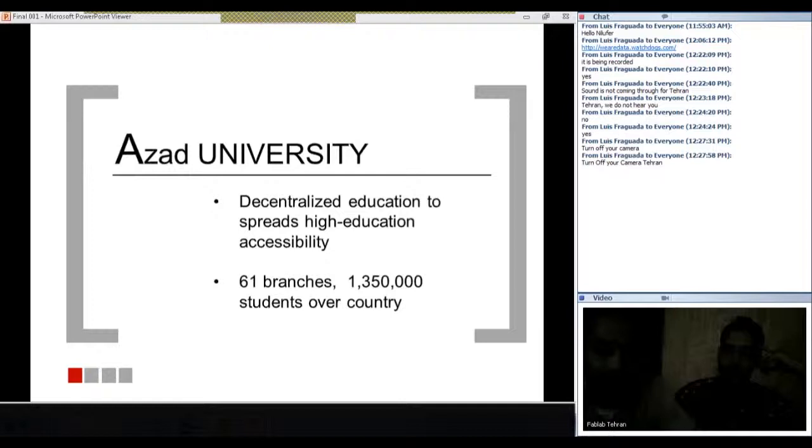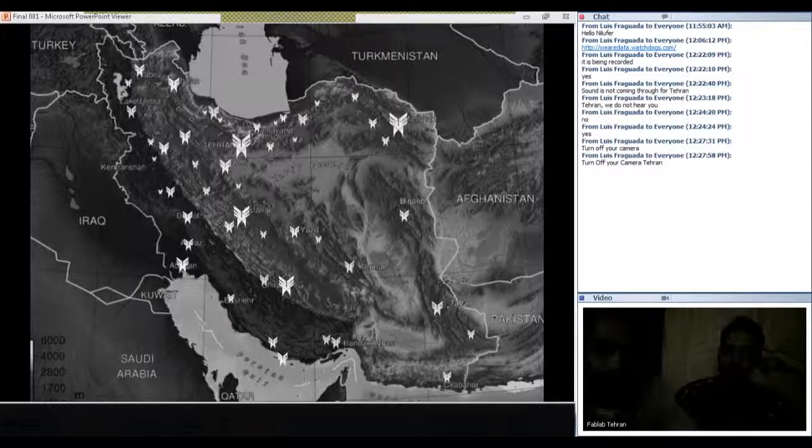Let me say Azad University has 61 branches and 1,350,000 students all over our country, and it was established to spread higher education all over Iran. As you can see in the map, it is distributed all over Iran in big and small branches.